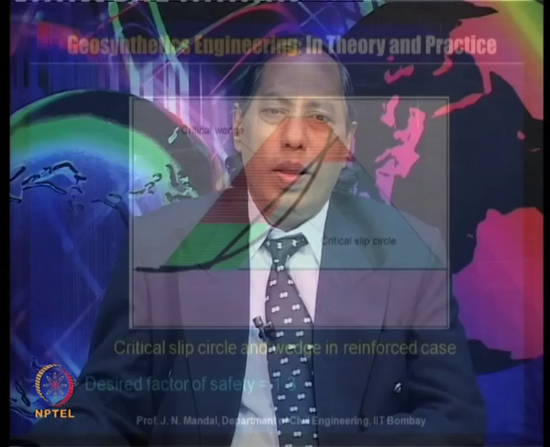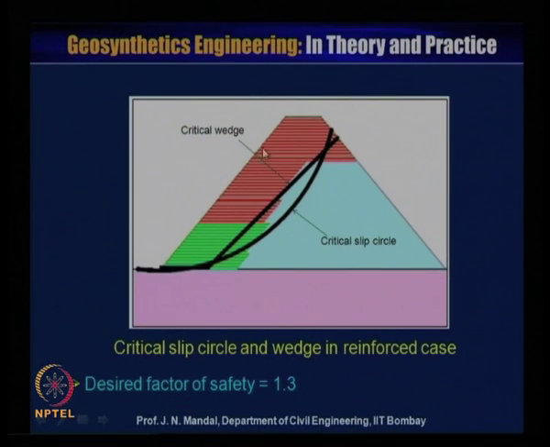Now, this is the critical slip circle and the wedge in the reinforced case. These are the different reinforcement layers, placed with different strengths, and you have analyzed with the critical wedge as well as the critical slip circle.